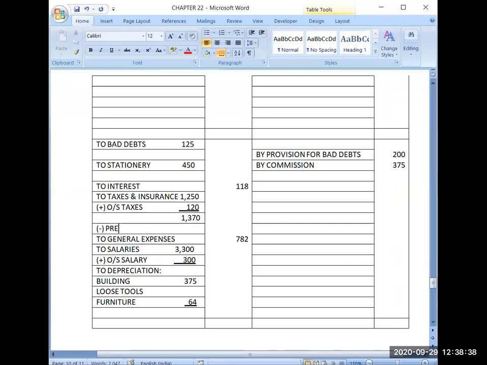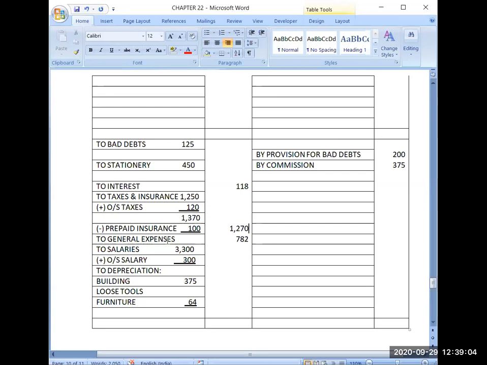And I will write here prepaid insurance and the amount is 100. Again, I will subtract it and now the final amount I will write here 1,270. So this is the final amount.